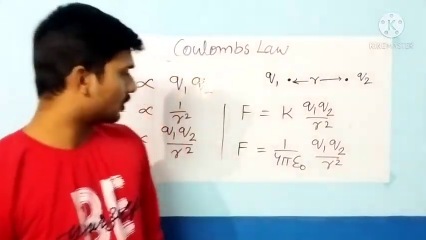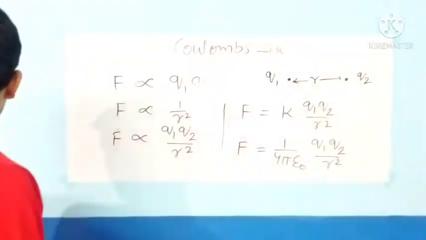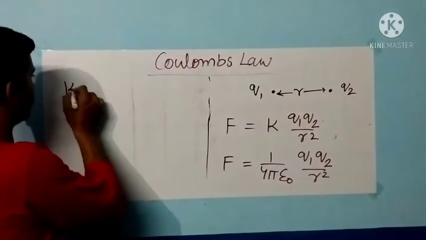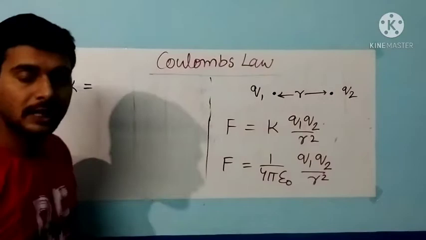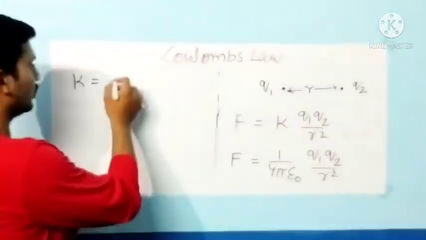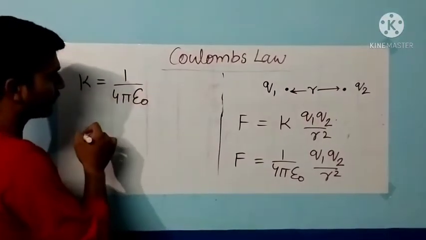The value of this constant K is also found numerically. K is also called the electrostatic proportionality constant, and K is equal to 1 upon 4 pi epsilon naught.